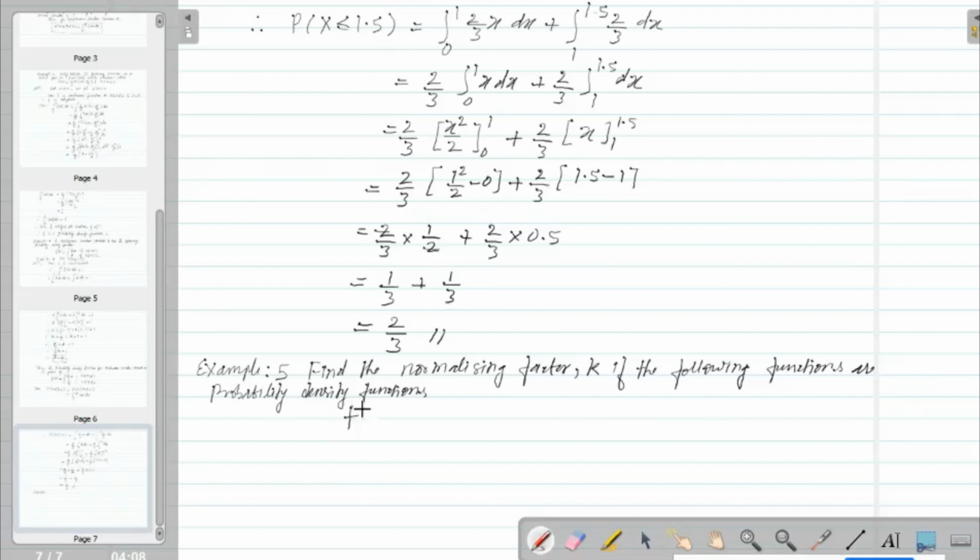Your function is f of x, and this equals k times 1 minus x square, provided that x lies between 0 to 1, and otherwise this function is 0.